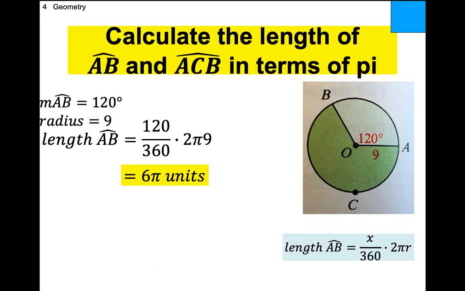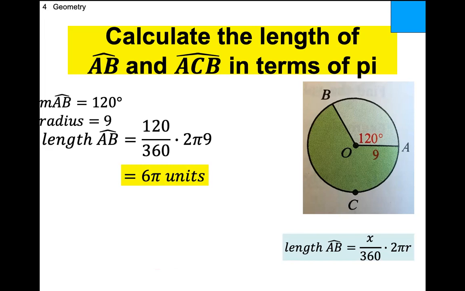Now, just to show you, there's a fine line between calculator and not calculator. Now grab your calculators. If you were doing this in terms of pi, what would you do? The only thing is you've got to remember what's being multiplied and what's being divided.